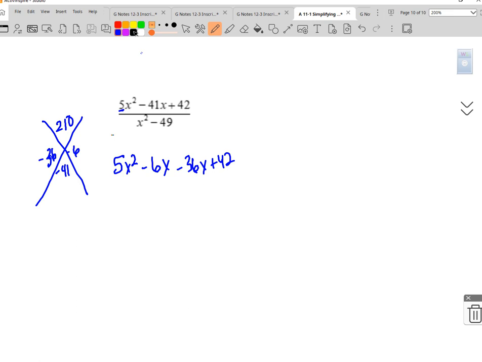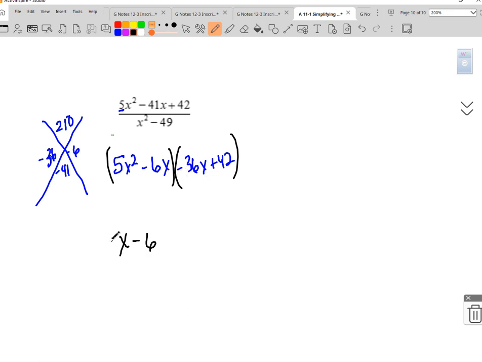What do you do next? This is factor by grouping. We're going to split into 2 groups. Find our greatest common factor of both groups. What's the greatest common factor here? 1x, right? So it's going to be x, and what's the greatest common factor here? 6. And if this is negative, it's going to be negative 6, right? So it's going to be one of our factors.